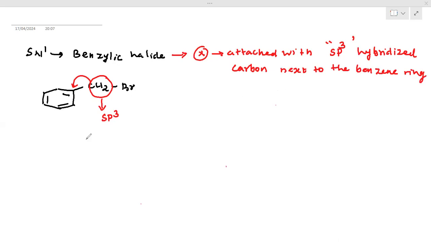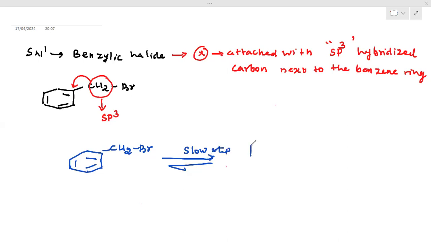Okay, now we're going to work out which mechanism is followed in this process. The mechanism followed is, as this is a benzylic halide, benzylic bromide: the first step is the slow step, formation of benzyl cation.